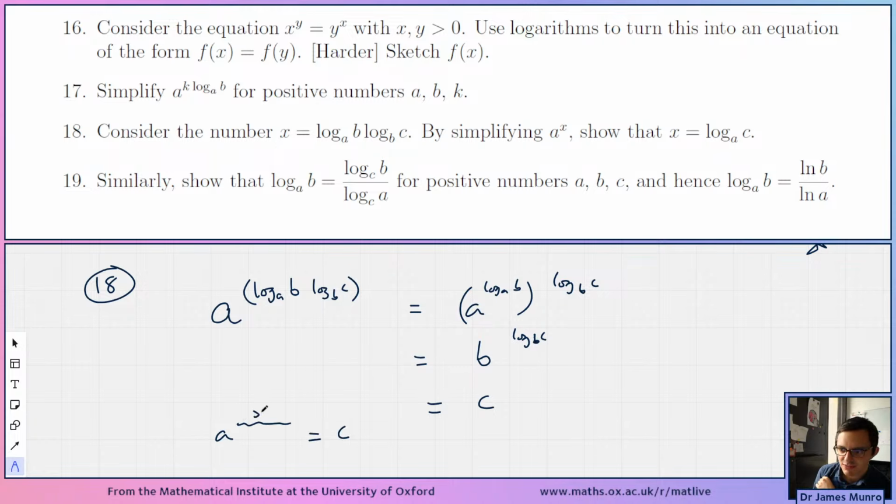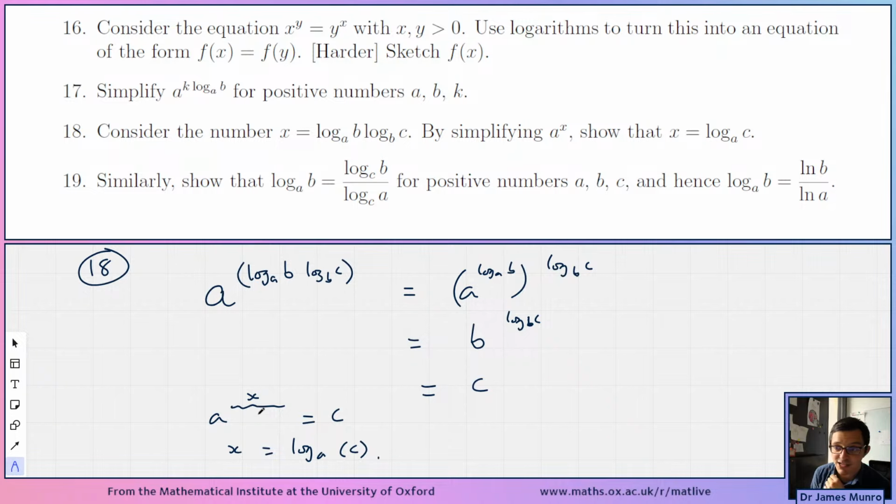This is called x. That just means that x is log base a of c. And at that last step, I'm switching from a to the power of x equals c to a logarithm statement, log base a of c. If you like, the a is moving onto the right hand side with some sort of logarithm way of moving it, or if you prefer, there's log base a on both sides, which is then simplifying this thing and turning up on the right hand side.